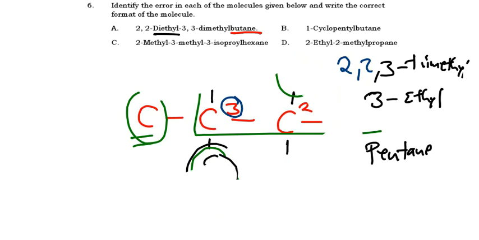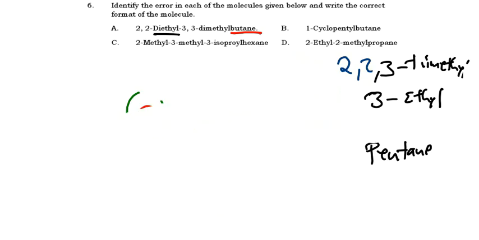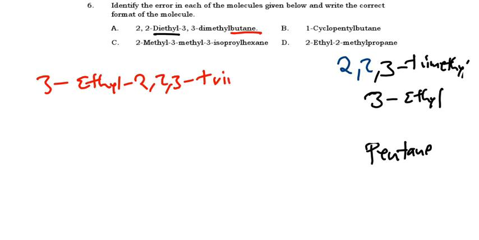We can now combine the name together. So the name therefore becomes, alphabetize: ethyl comes first, so 3 ethyl, and then 2,2,3 trimethyl pentane.